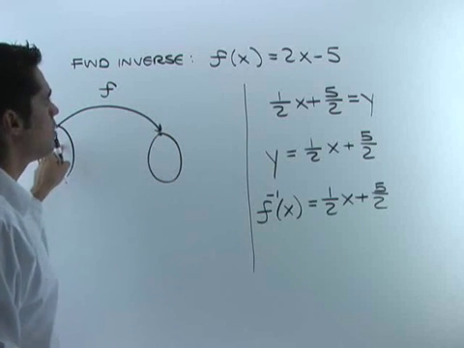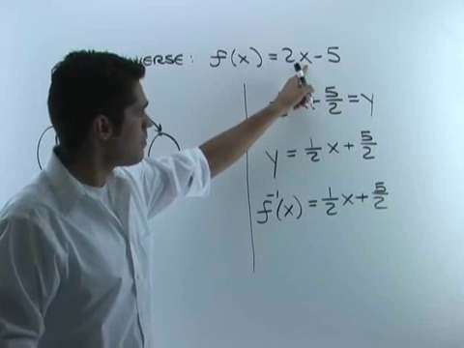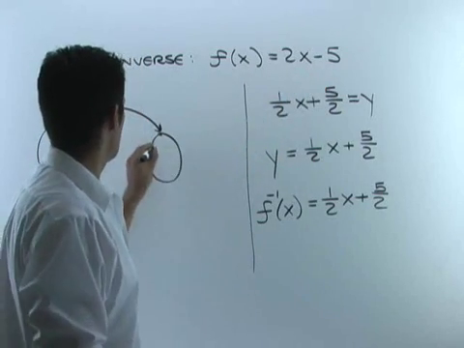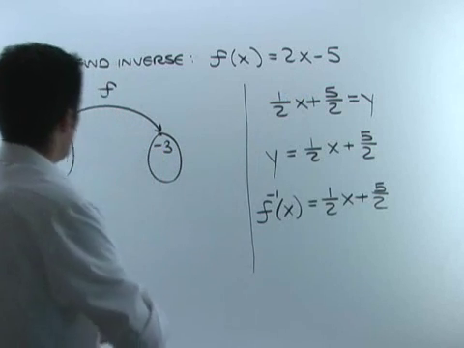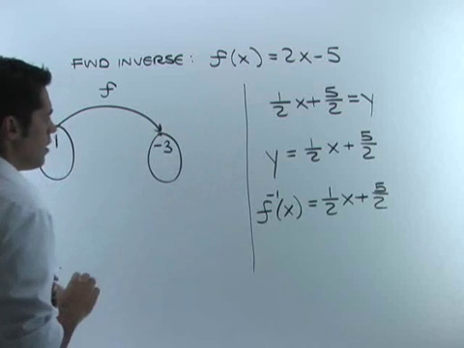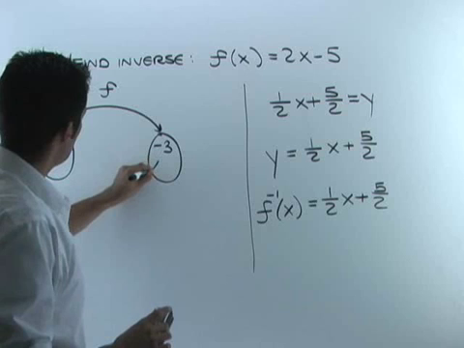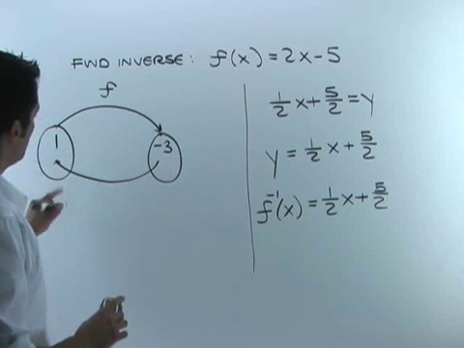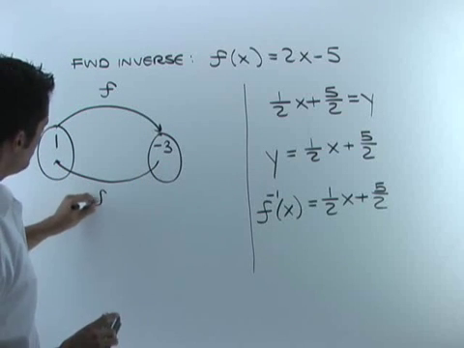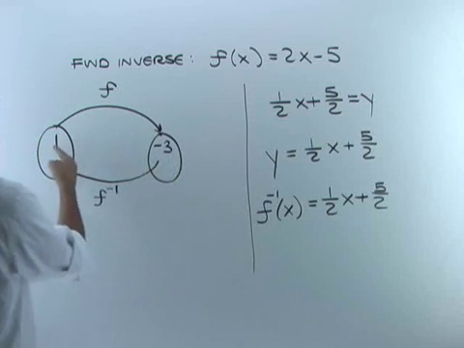Two times 1 gives us 2, and then minus 5 gives us negative 3. So the function f, you put 1 in and it spits out negative 3 on the other side. Now we want to know what function would take this back to 1. So what is the inverse function that would take negative 3 in and spit out 1?